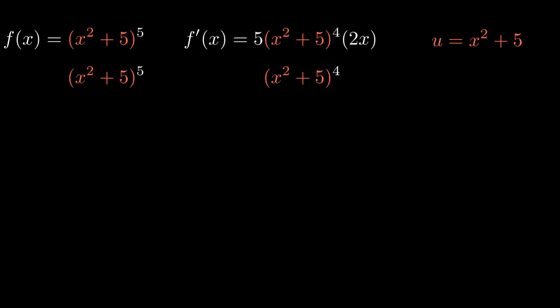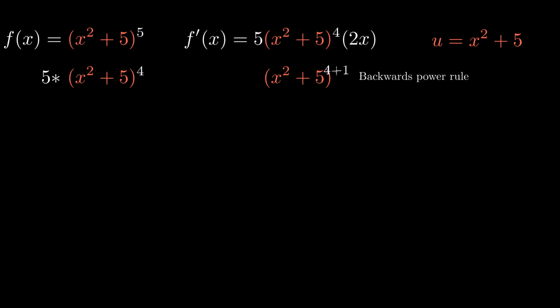Let's take a look at how we found the derivative and how we are going to do that backwards for the antiderivative. To find the derivative, we use the power rule and multiply by the exponent, and then we subtract 1 from the exponent. To find the antiderivative, we do the opposite. So we are going to use a backwards power rule.